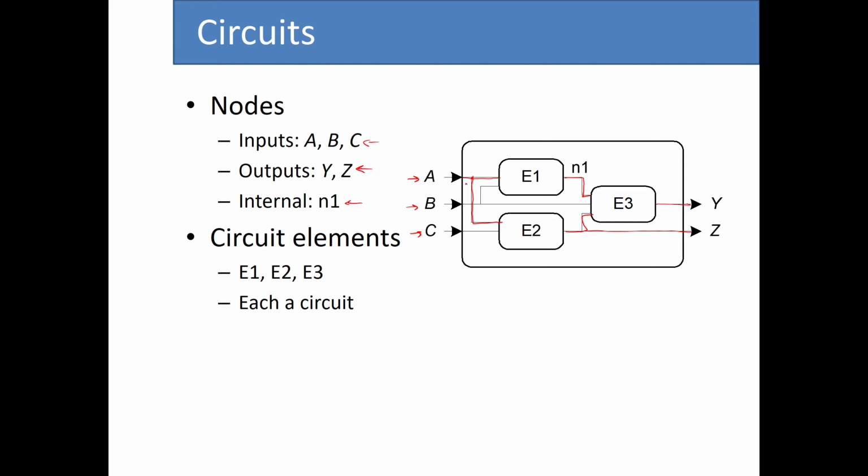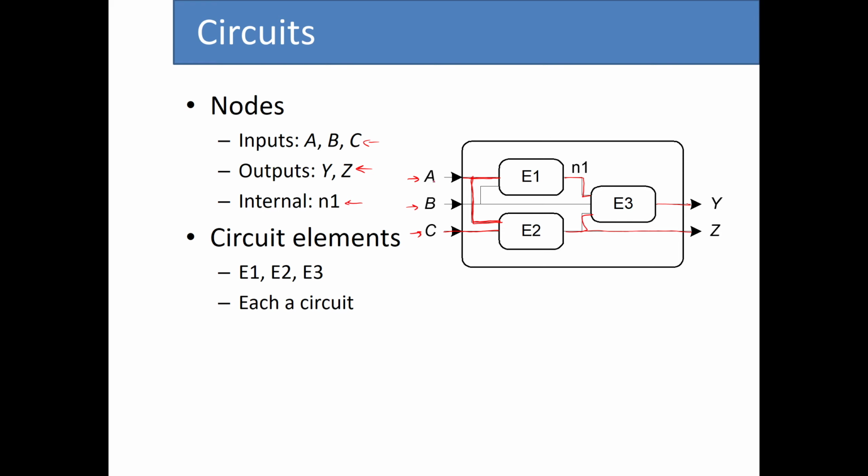These two wires, since they are both carrying A, are considered as one node. This wire, for example, only carries C, so it is considered as only one node.